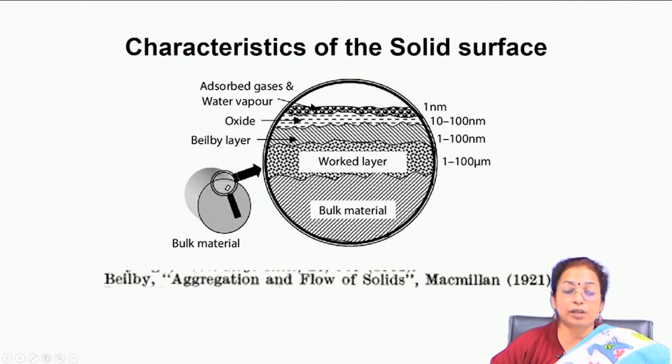It is nothing but a multi-layered structure, where near the surface there are a lot of adsorbed gases and water vapor, or you will find the reconstruction or maybe relaxation phenomena if you see it under ultra high vacuum. But if you see a normal environment, you will find a lot of adsorbed gaseous species are there.